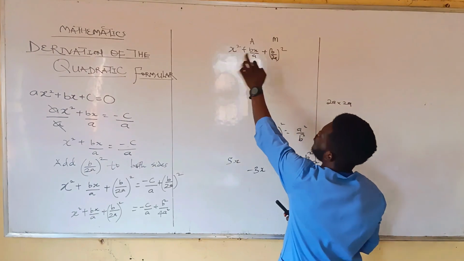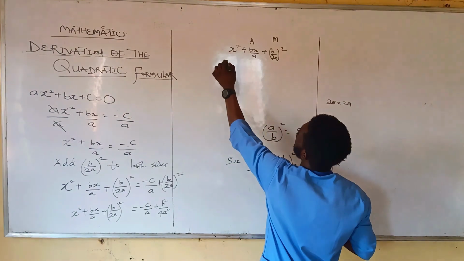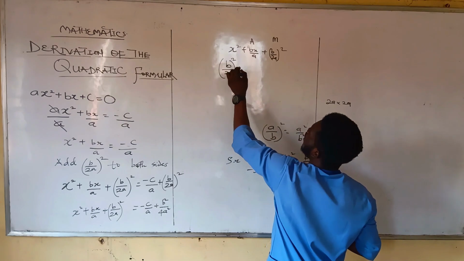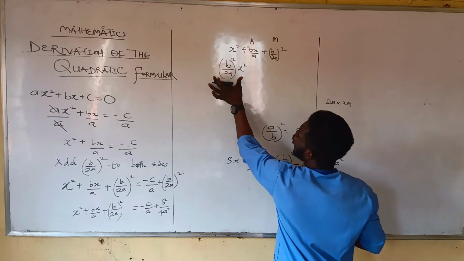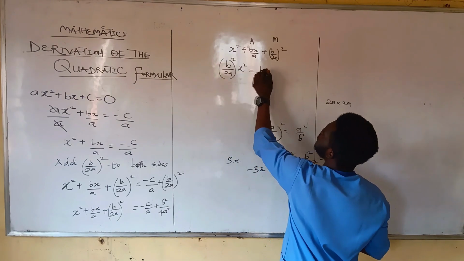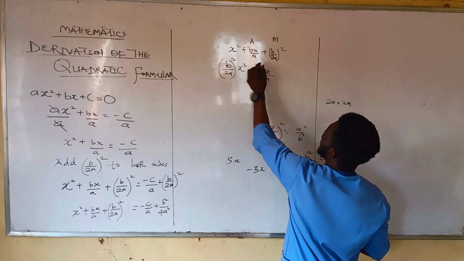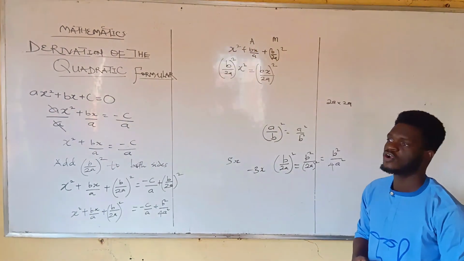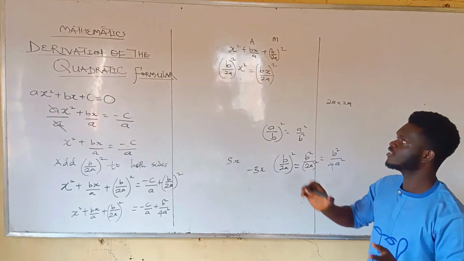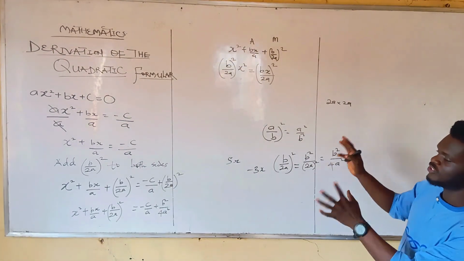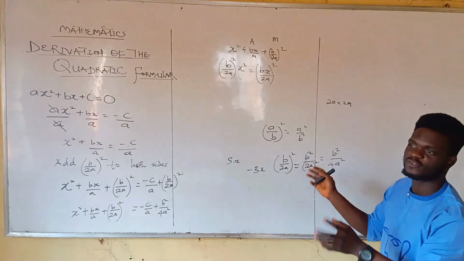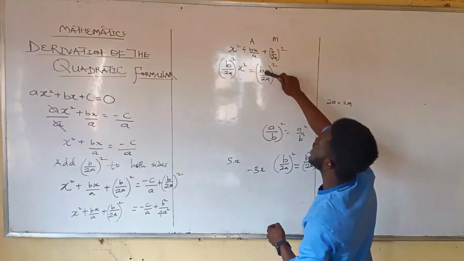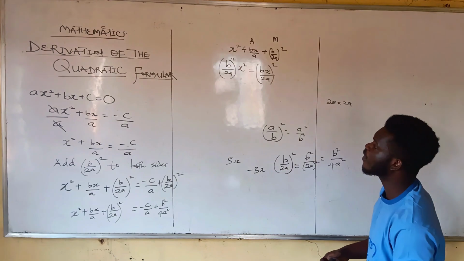When you multiply this last one with the first one, you would have b over 2a squared, then x squared, and all this also means bx over 2a, everything squared. If you don't understand this, you can drop questions on my comment section and I will explain. It's very simple, because if I really want to go deep down into every part of this, it will take us time, so I have to quickly skip this. So we have bx over 2a, all raised to the power of square.